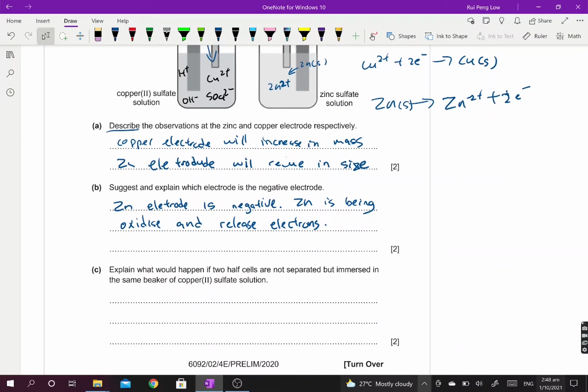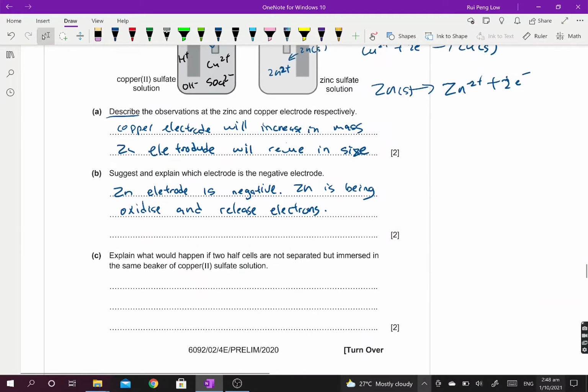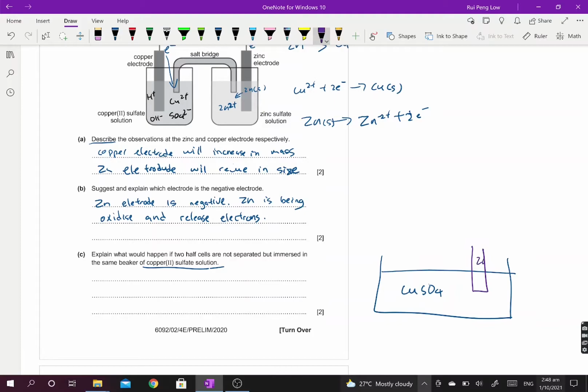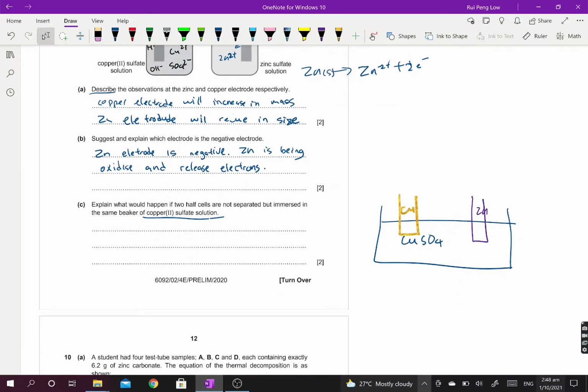Explain what would happen if the two half cells are not separated but immersed in the same copper sulfate solution. Now, what happens is that we have this bath of CuSO4, and then we have your zinc, and then we have your copper. This tests whether you remember that zinc is more reactive than copper.